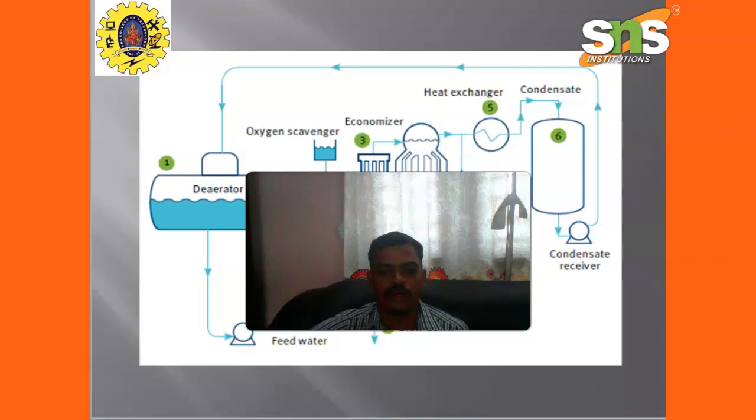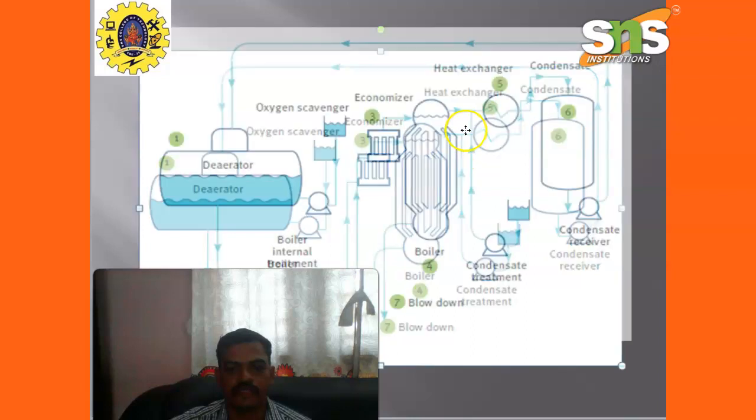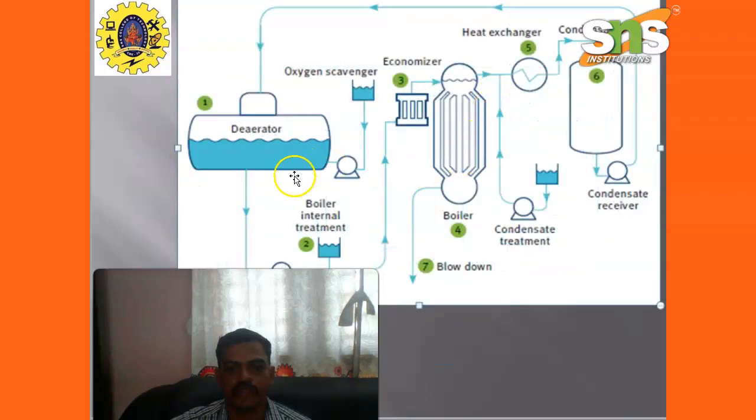These are the boiler accessories and the functions of boilers: radiators, oxygen scavenger, economizer. The fifth one is a heat exchanger, then condensate receiver, condensate treatment, the blow down, and the feed water pump.